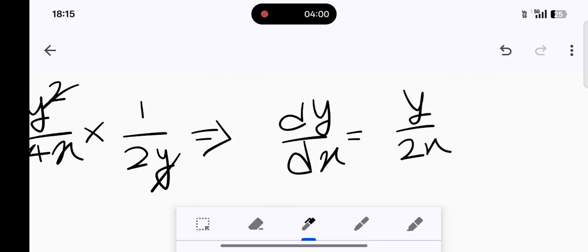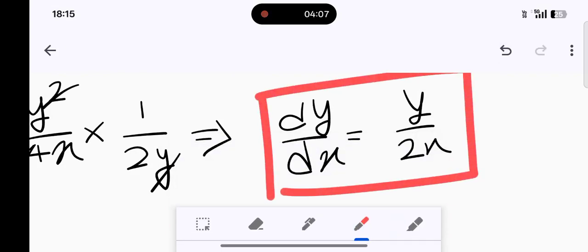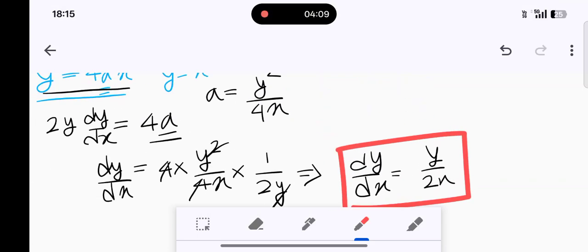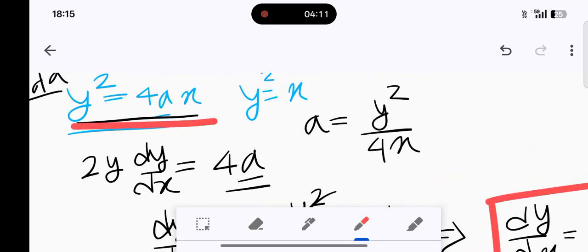This is the differential equation for the parabola. Hopefully you can understand how we can generate the differential equation.